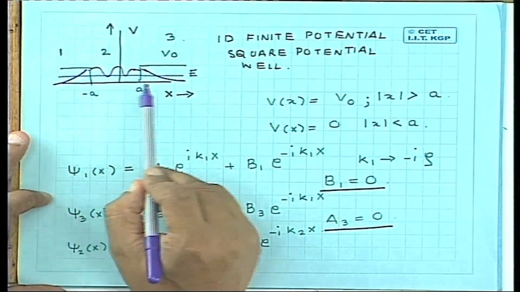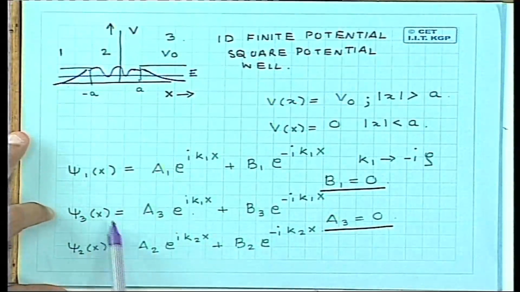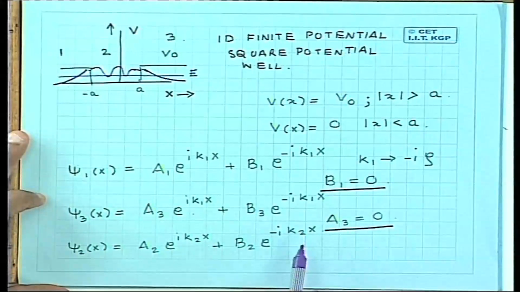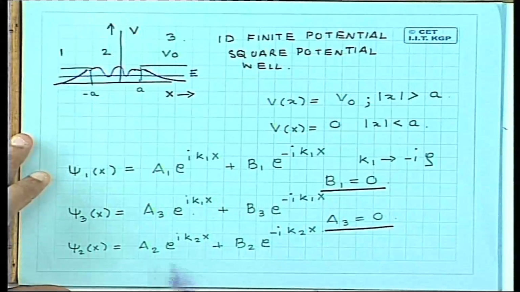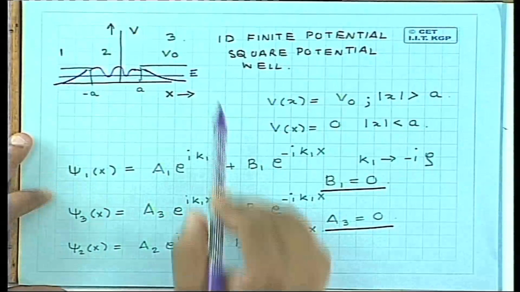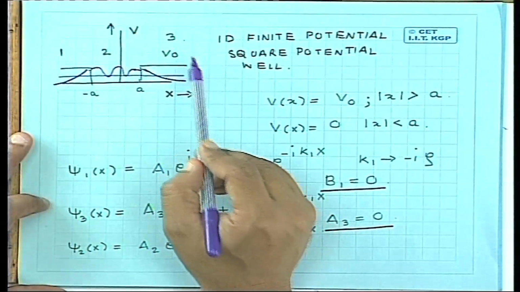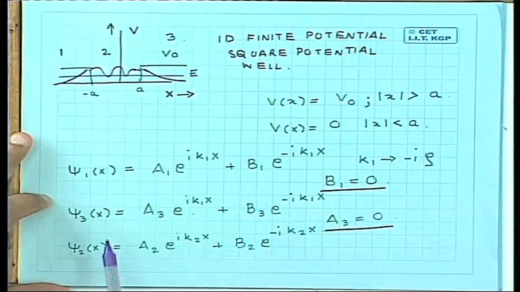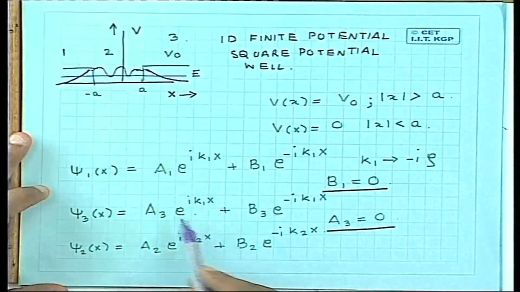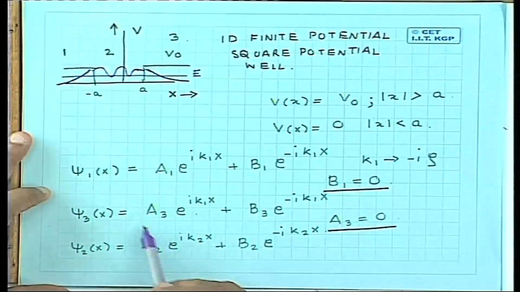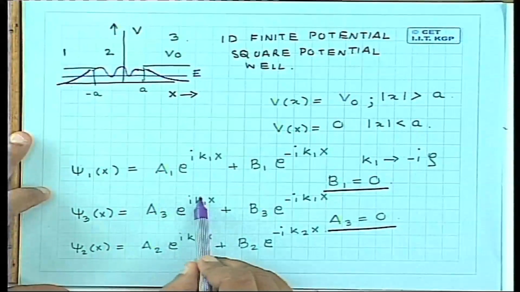In the region minus A to A, the wave function is given by psi 2, which is A2 e to the power i k2x plus B2 e to the power minus i k2x. And k2 is a real number, so it will be an oscillating function. In region 3, to the right, the wave function again should exponentially die away because the energy is less than the potential, and the wave function psi 3 can be written as A3 e to the power i k1x plus B3 e to the power minus i k1x.